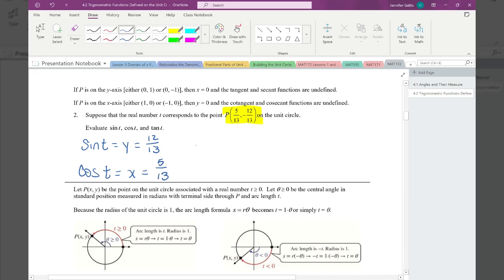Tangent of t is y over x. So what would that be? Well, it's 12 over 13 over 5 over 13, which simplifies to 12 over 5.